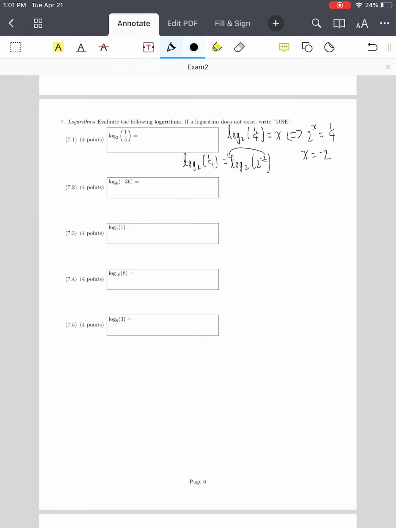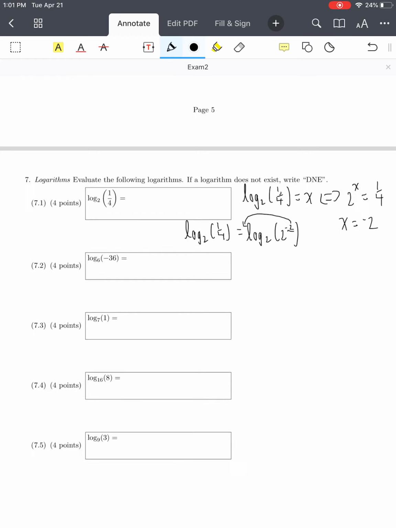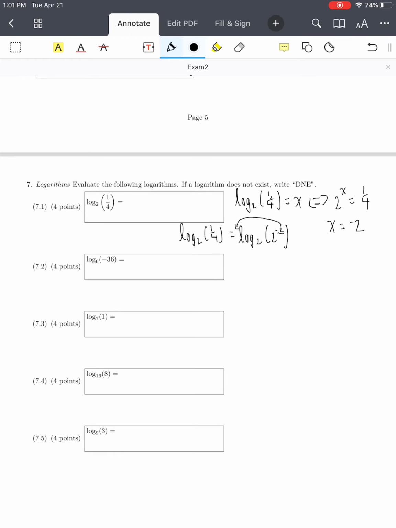So that equals negative 2 log base 2 of 2. And any log whose argument is the same as the base is just 1. So those cancel off, leaving negative 2. So just 2 different ways of thinking about it gets us to the same answer.